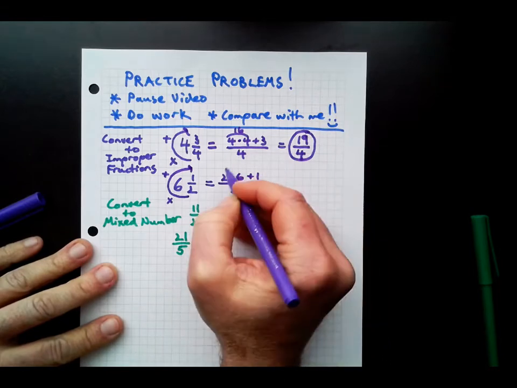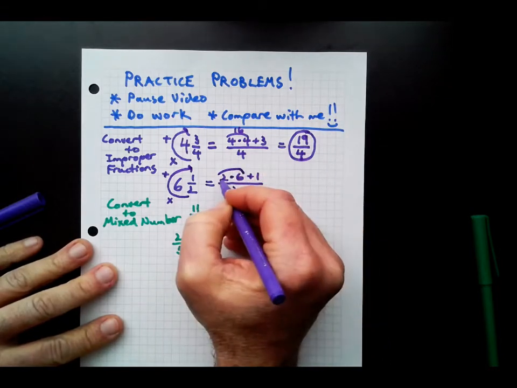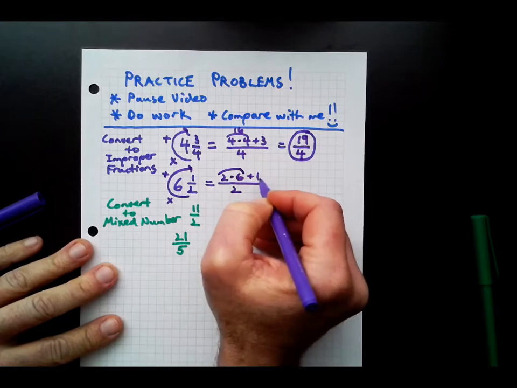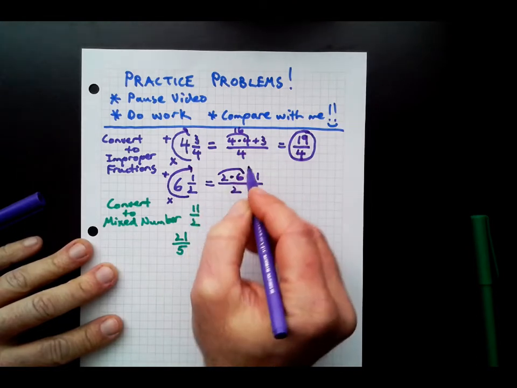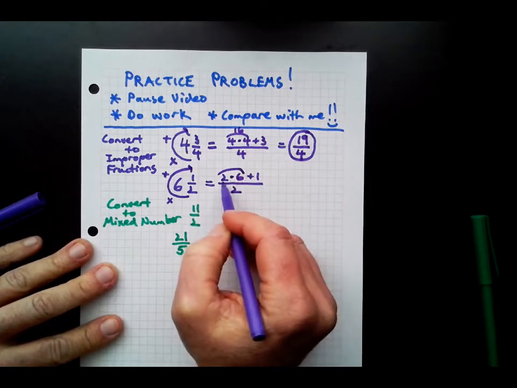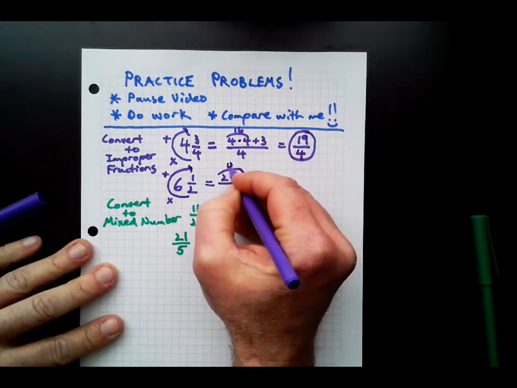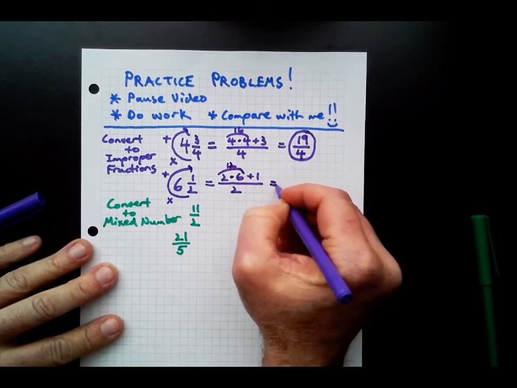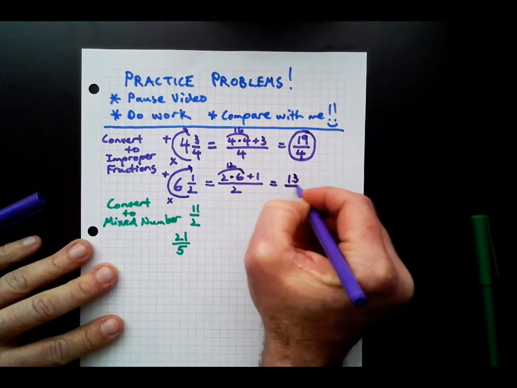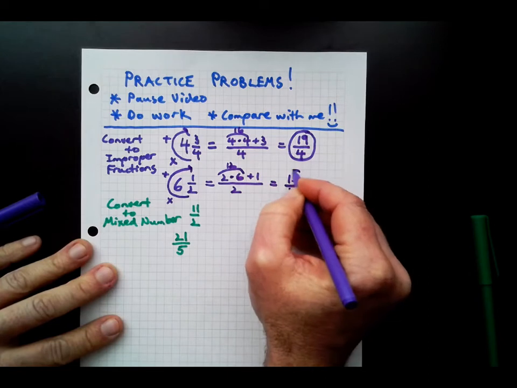And the order of operations determines that the multiplication will automatically happen first, and then we add to that product. We don't go 6 plus 1 and then multiply by 2. We do not do that. So 6 times 2 is 12. Add 1 gives us 13, and we keep that denominator.